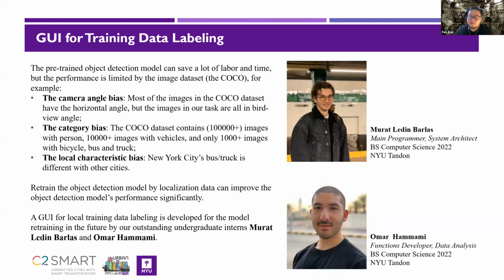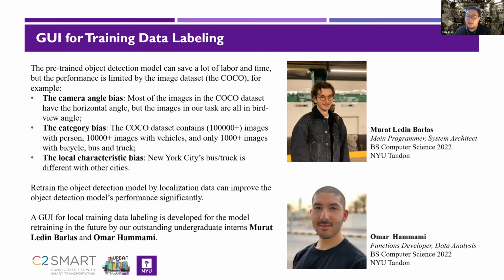It contains tons of images for training purposes, so we can save time on the training part, but there are some limits if we use the pre-trained model, which means if we use the prepared image dataset.